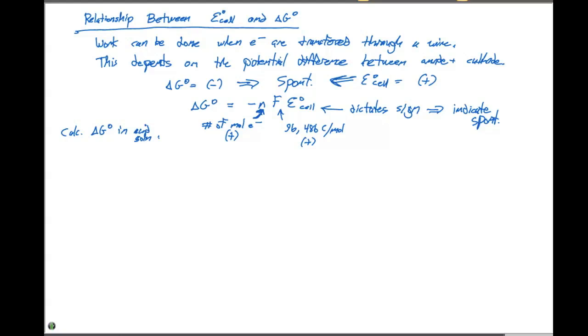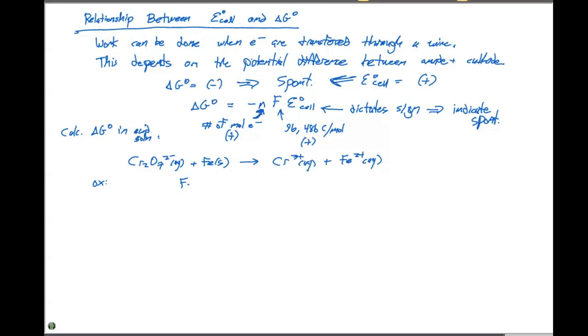Here we have Cr2O7 2 minus in aqueous solution plus solid iron, giving us chromium 3 plus in aqueous solution plus iron 2 plus in aqueous solution. We need to break this down into our half reactions to determine what our cell potential is going to be. Then we can use the relationship we just established to determine the standard Gibbs free energy for this reaction. Our oxidation half reaction is the easiest one to identify.